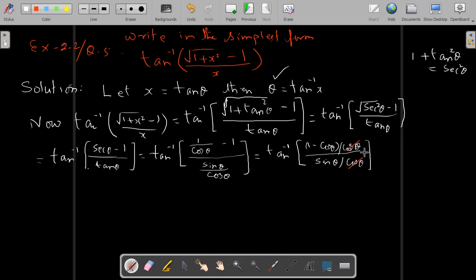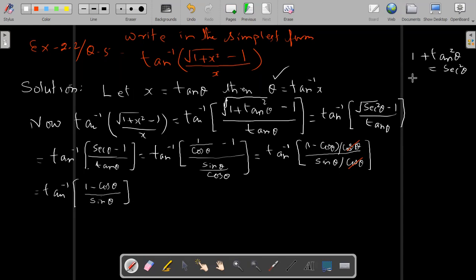We get tan inverse of 1 minus cos theta upon sine theta.